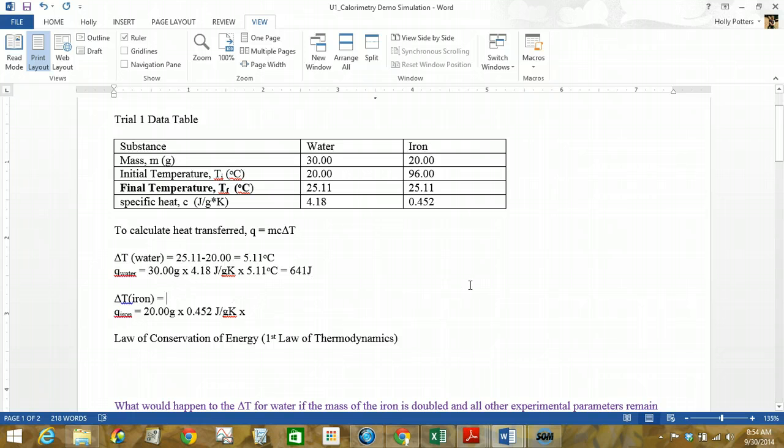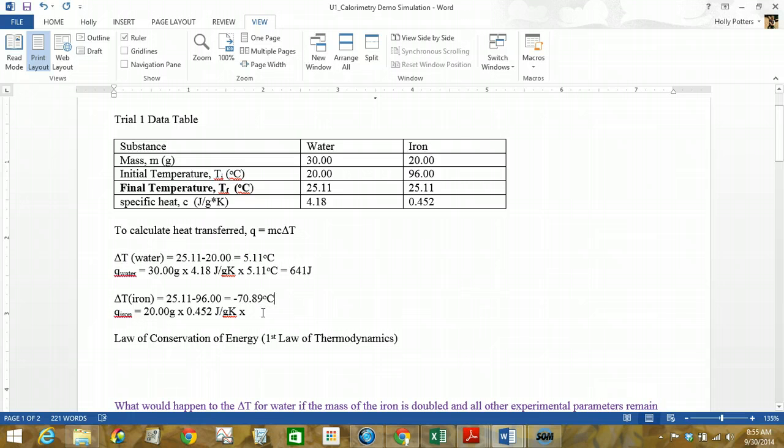For the iron, again, the order for subtraction is final temperature minus initial. So again, 25.11 goes first. The iron, though, started at a higher temperature, 96.0. So this does come out to be a negative number, and that is okay, because that tells me that my metal lost energy.